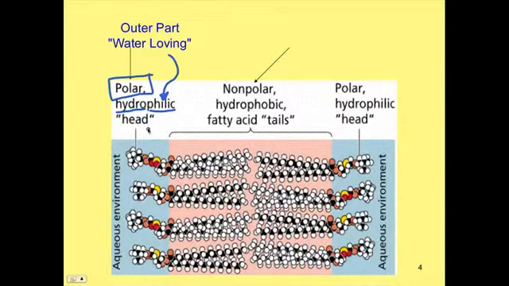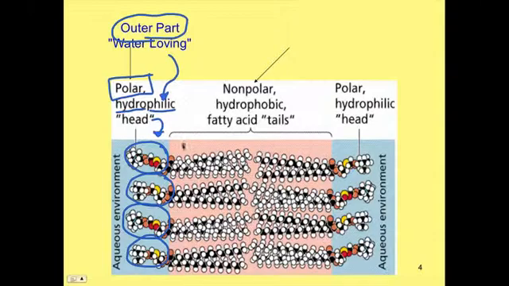So the outer portion is hydrophilic. And if you looked at your previous pictures, these appear to be round circles, and we call those heads. Okay, so these are both heads, and these are on the outside, the outer portion of the membrane.